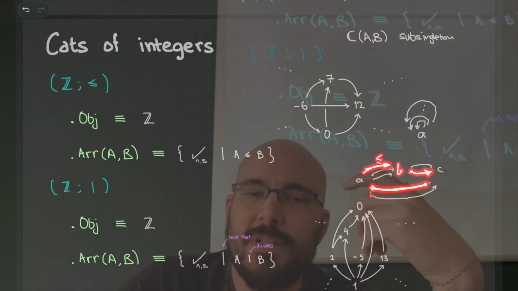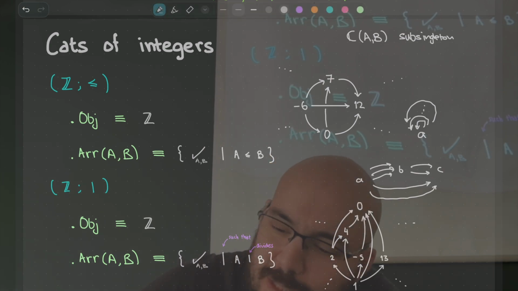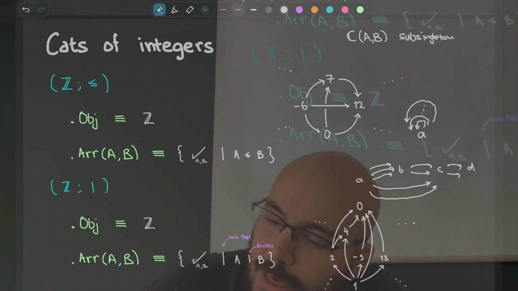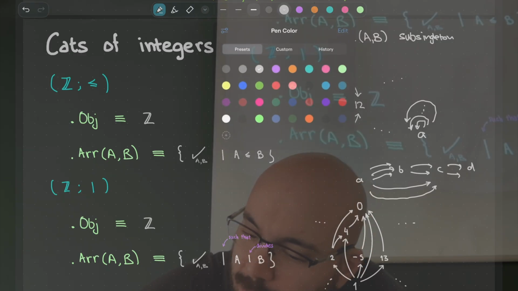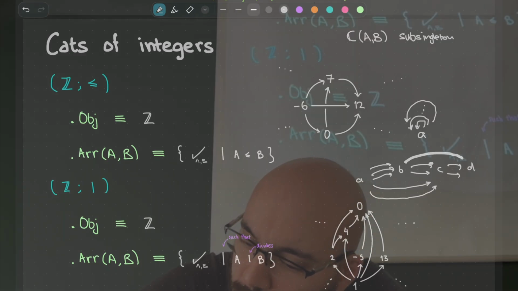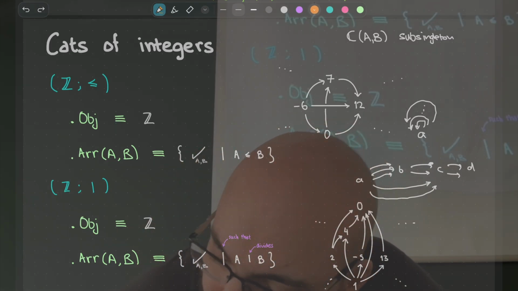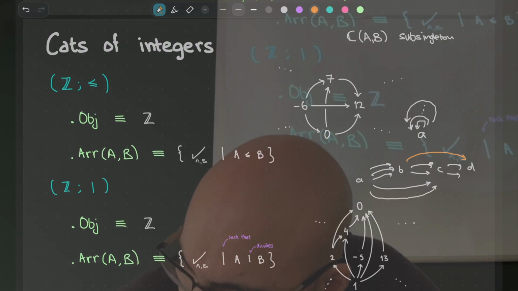And this has to happen in an associative way, because as you understand, if I have a fourth object here, I could get into trouble as soon as I have arrows like that. Maybe you have two arrows like that, and then you have arrows like this.